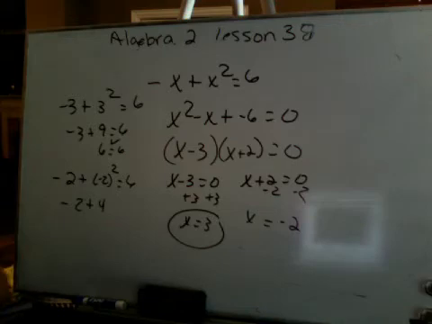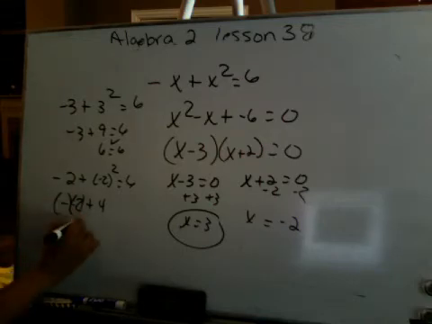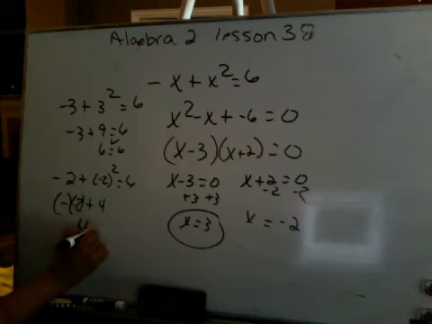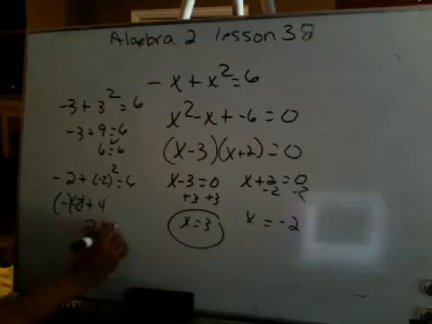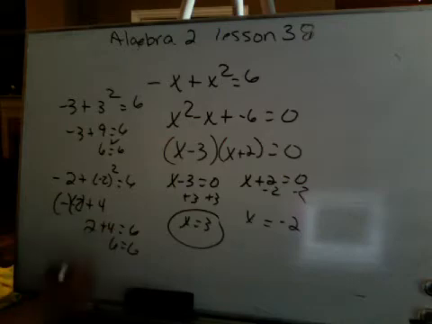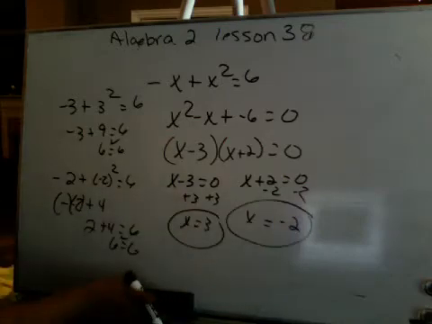Did I put the right solution back in? Oh, I forgot, this is negative 2. So that becomes positive 2, excuse me, 2 plus 4 equals 6, and you have 6 equals 6. That checks out. So both of these are solutions, a root.